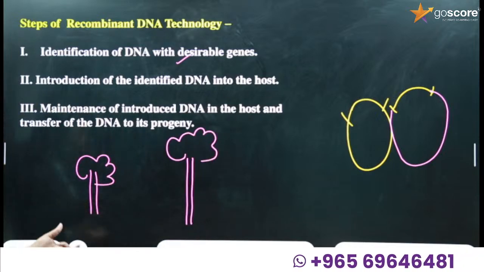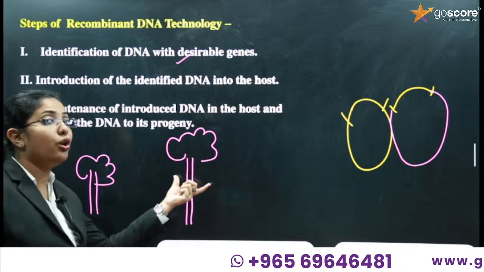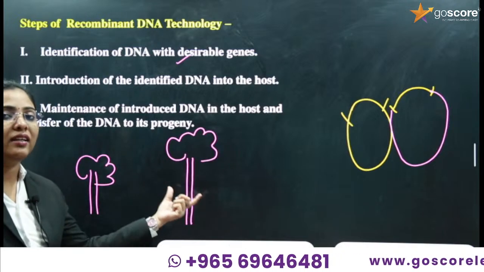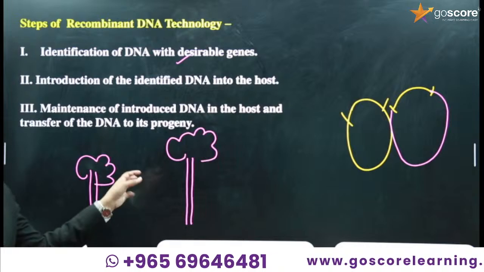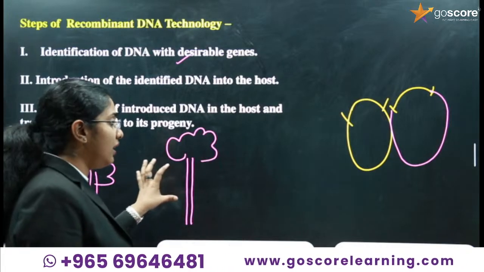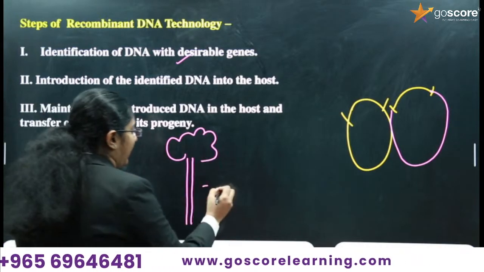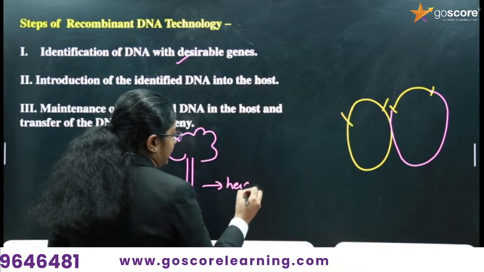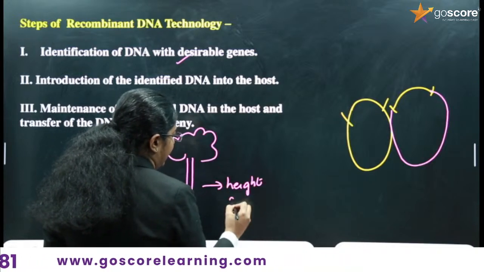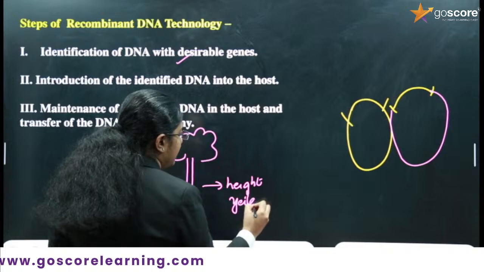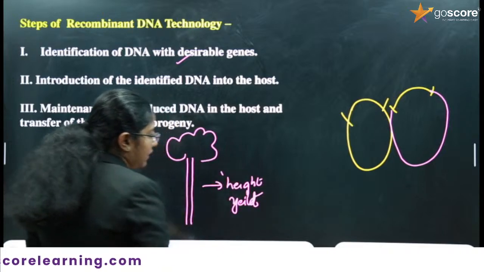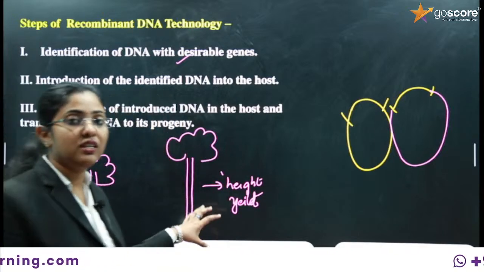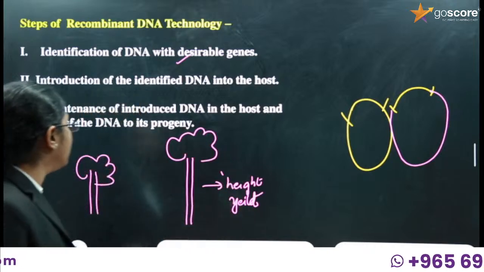So what is the condition here? We have a tall plant, and the genes present inside it decide its height and its yield. The gene is taken for height and yield, so our desired trait for the gene is height and also yield.